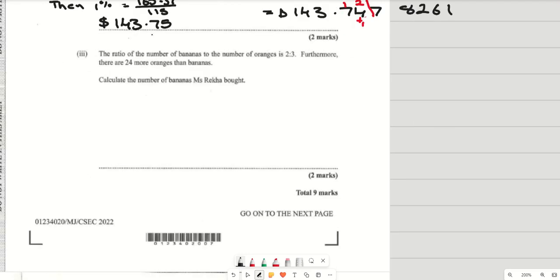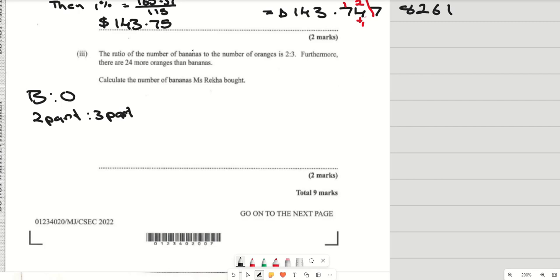Okay, so part 3 says the ratio of number of bananas to oranges. So the ratio that they're giving you is bananas to oranges, yeah? This is 2 to 3, so therefore it's 2 parts bananas and 3 parts oranges. That's what it means, right? Furthermore, there are 24 more oranges than bananas.